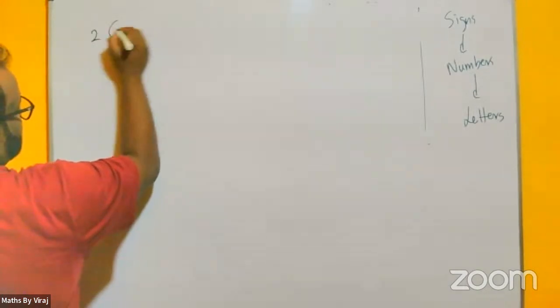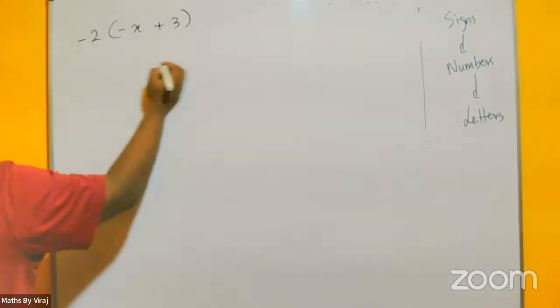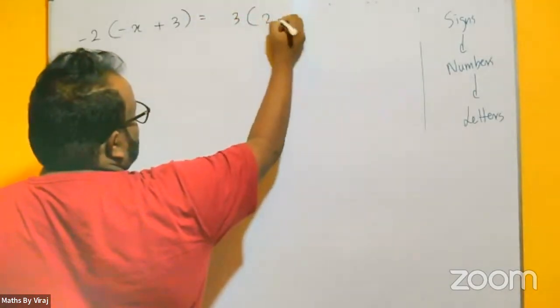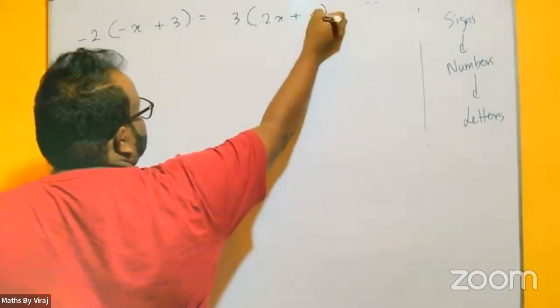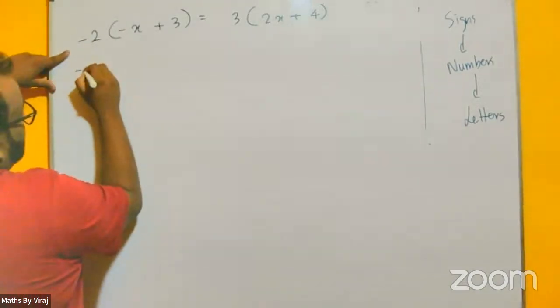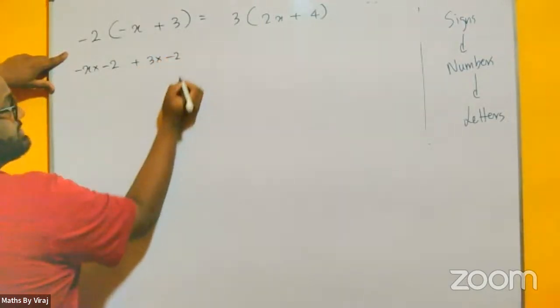2 times (minus x plus 3), let's make this minus, is equal to 3 times (2x plus 4). Here, from the outside number, we multiply the inside terms. Yes or no?